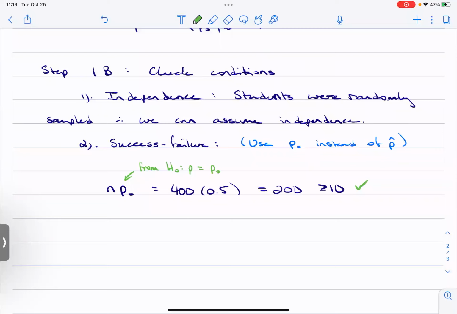And really, what are we making sure? We're just checking that if p naught or q naught is a really rare event, making that p really, really small, then we need to have sampled enough people to be able to detect at least 10. Otherwise, we don't have enough of a sample to draw conclusions.